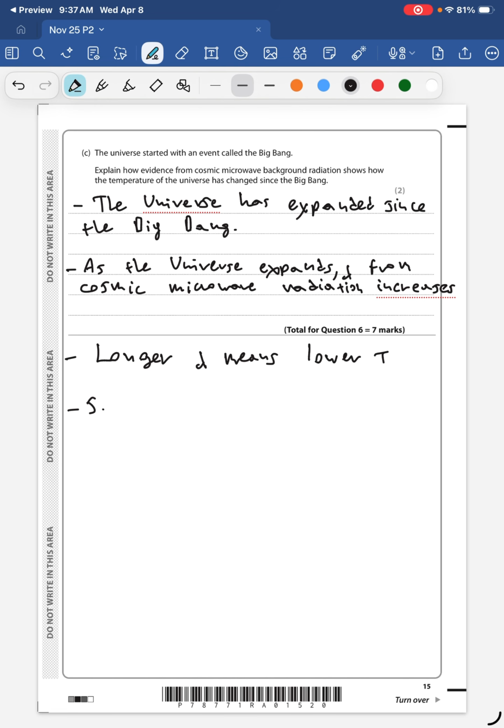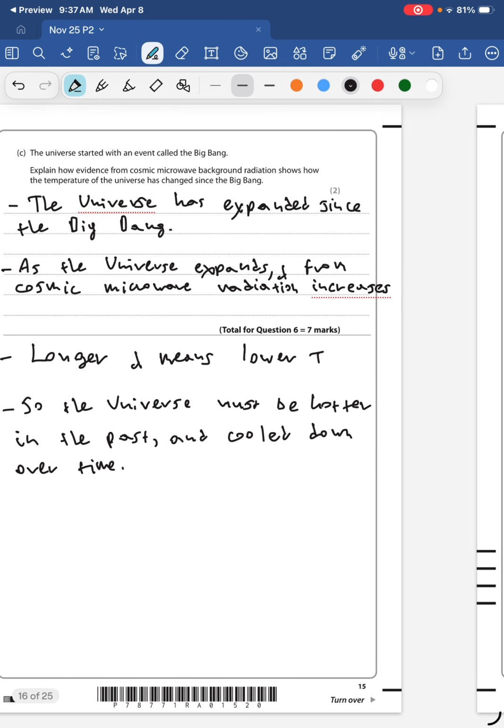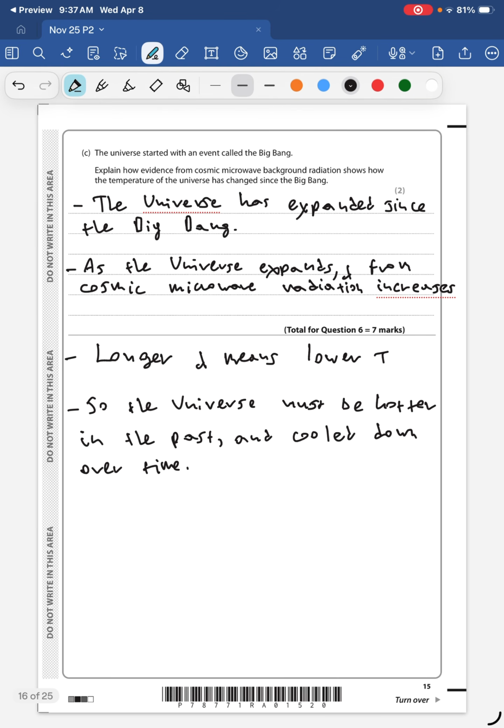Okay, so the universe must have been hotter in the past and cool down over time. All right, so this was question 6.